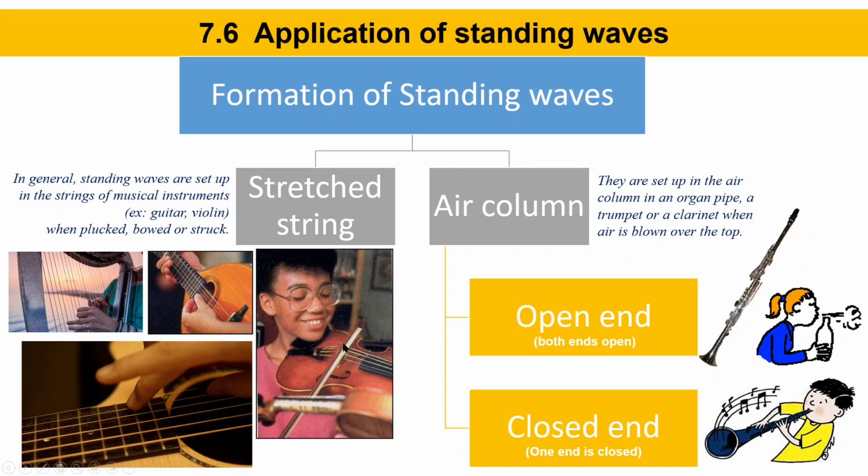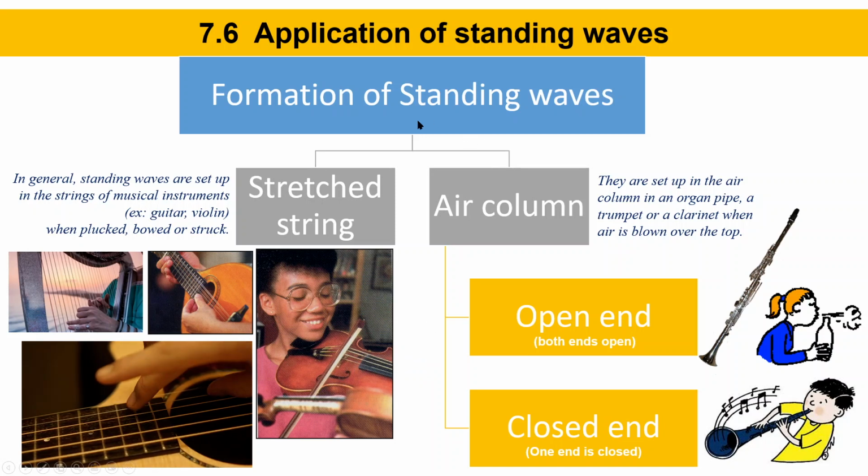Like this person playing the violin, you are striking the string, actually applying a wave inside the string. Later the wave will be reflected at the fixed end, and then it will form a standing wave inside the string.